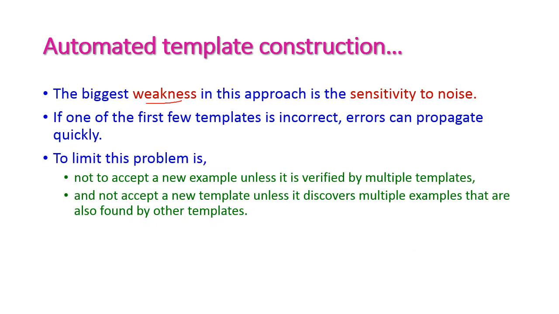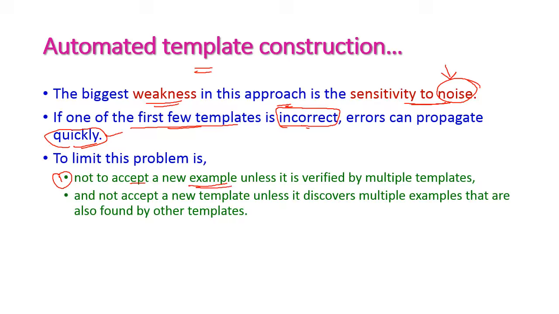The very big drawback of this particular approach is sensitivity to noise. If there is any noise, then there is a problem generating the template automatically. That is, if the first few templates are incorrect, then errors can propagate quickly. To overcome this problem, the first approach is not to accept new examples unless they have been verified multiple times.